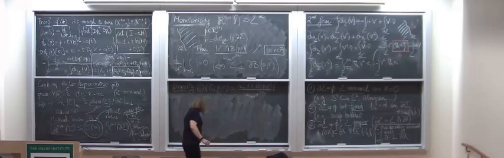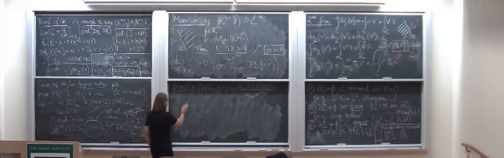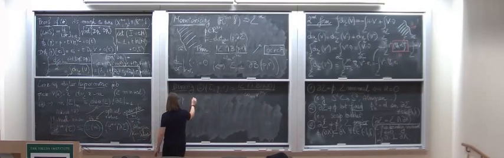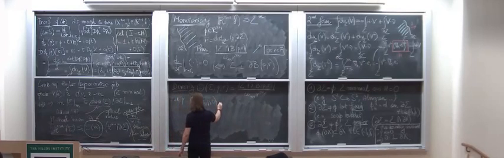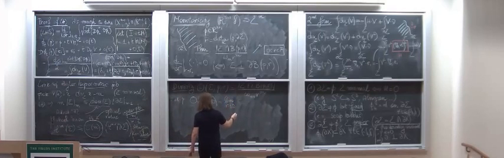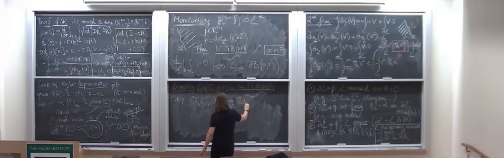And now what we do know for sure is that this function has a limit at 0. So we can define the density at P, denoted by theta of sigma at P, to be just the limit for r going to 0 of the density at scale r.